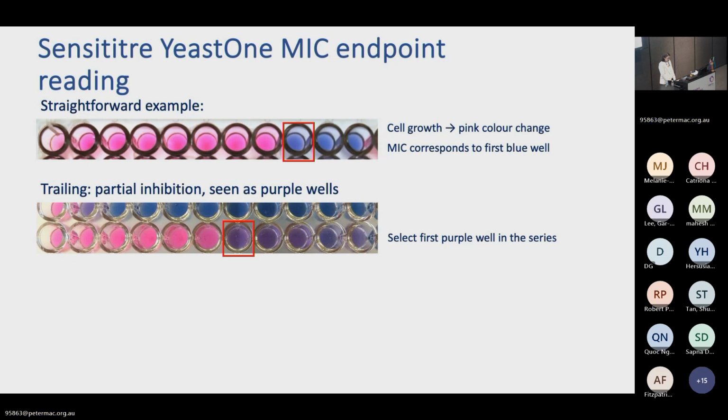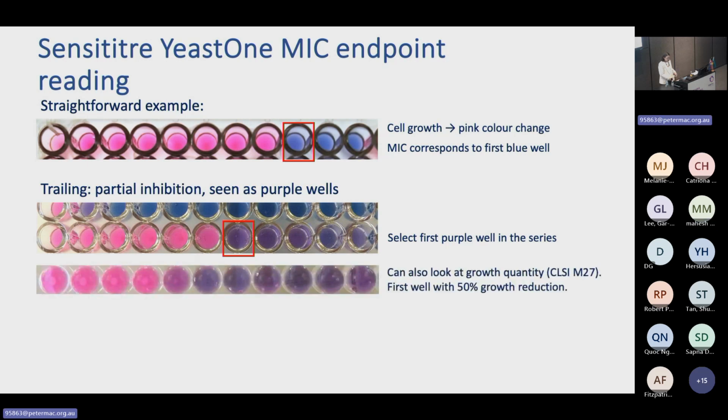Another way we could do it is to use the CLSI criteria, and that's to ignore colour, because in the CLSI reference standard there are no colours. We just look at cell growth. We do this by looking at the plate from underneath and choose the well that has at least a 50% reduction in cell growth compared to the positive control.